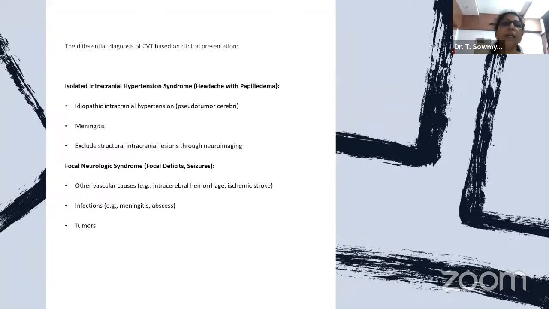And coming to the differential diagnosis of cortical vein thrombosis, when a patient presents with headache and papilledema, like an intracranial hypertension syndrome, the DDs would be idiopathic intracranial hypertension, meningitis, and structural intracranial lesions, which can be excluded by neuroimaging. And if a patient presents with a focal neurological syndrome, the other DDs to be considered are intracerebral hemorrhage or ischemic stroke, and infections like meningitis and abscess, and tumors.